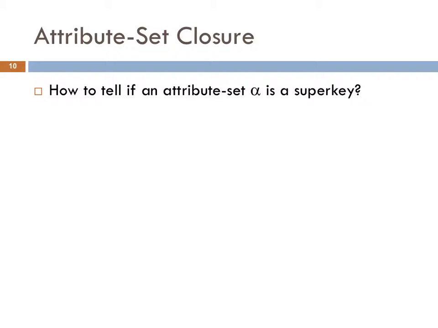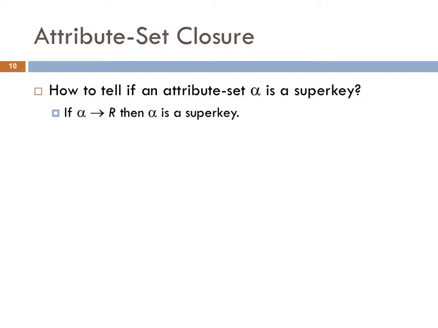How to tell if an attribute set alpha is a superkey. Remember, we talked about this question before, and we said that if a set of attributes is a key on a relation schema, then another, more general way of stating that is that the set of attributes functionally determines the entire schema.